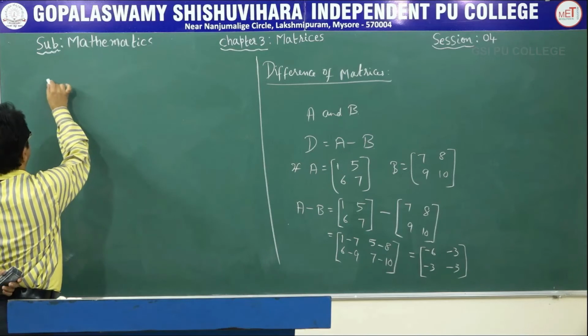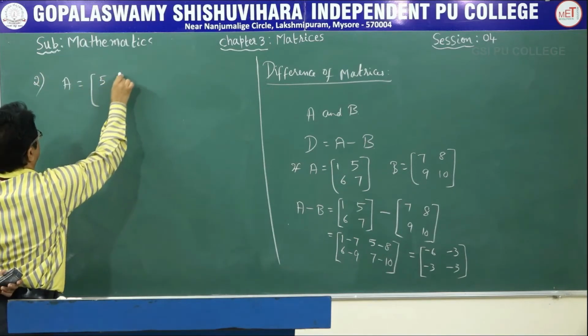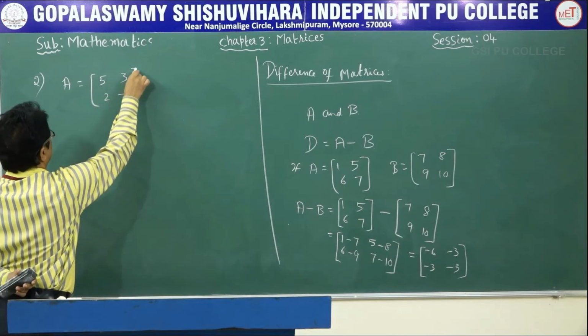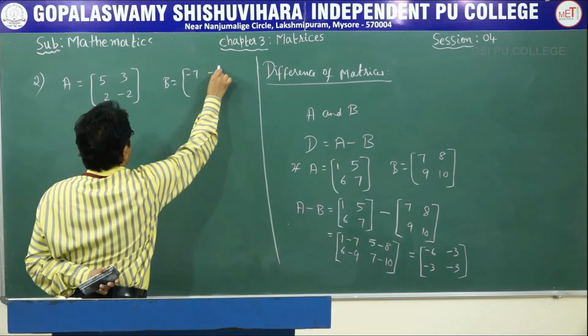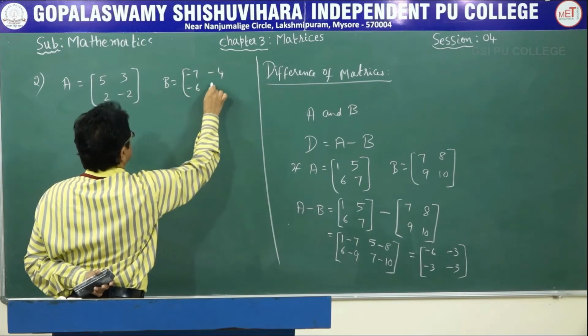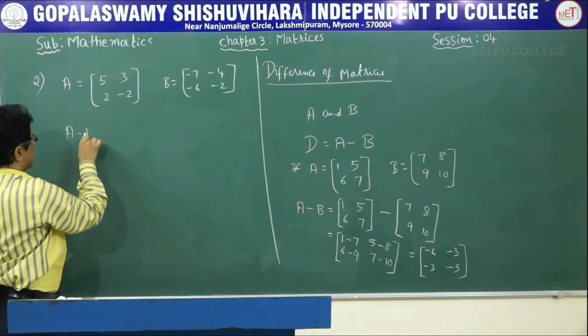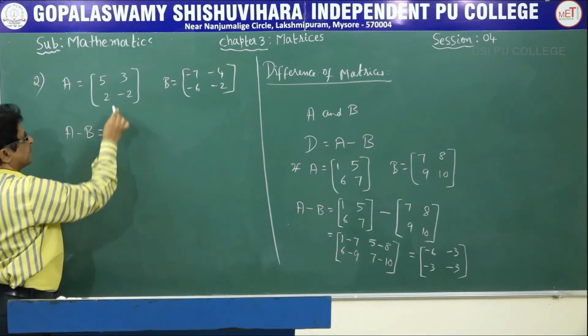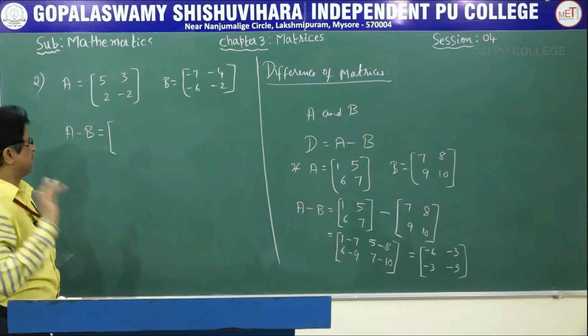Let us consider another matrix. A equals 5, 3, 2, minus 2 and B equals minus 7, minus 4, minus 6, minus 2. Let us find A minus B. A matrix and B matrix orders are same.